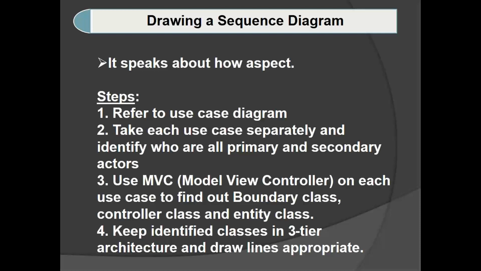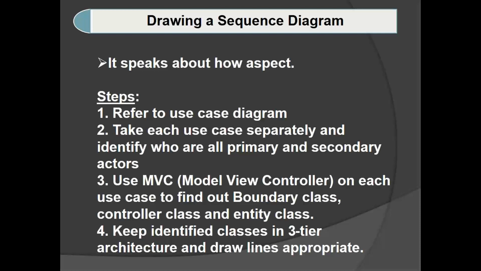Then the fourth one is we have to put these identified classes in a 2-tier or 3-tier architecture and draw appropriate lines. So these are the 4 steps.